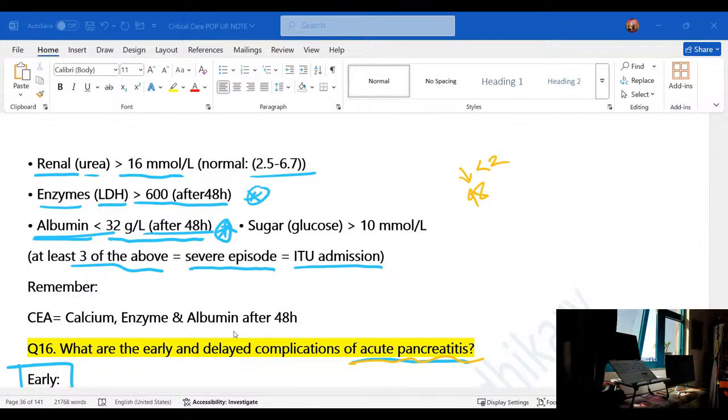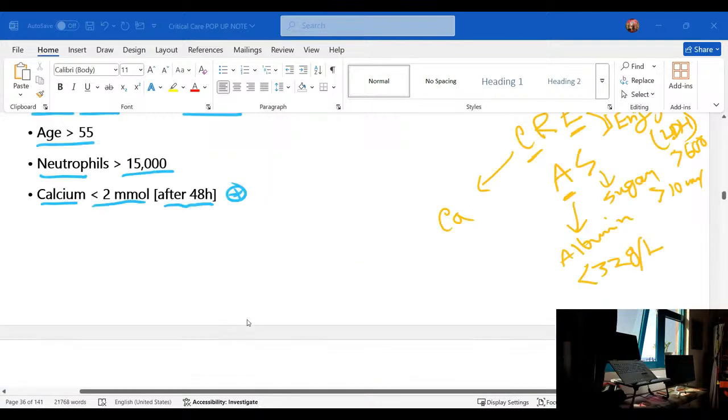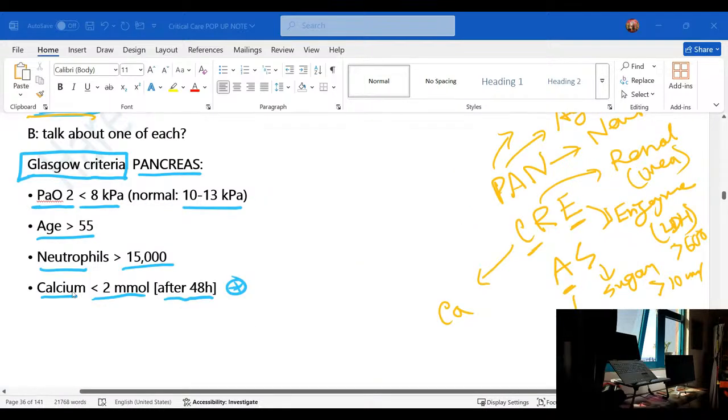Which enzyme? Lactate dehydrogenase. Initially we will do it once, and again after 48 hours, and in the criteria we will calculate this value.